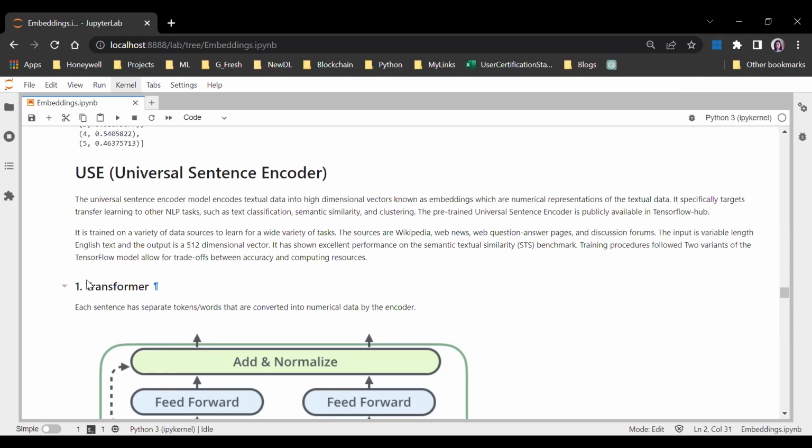If we use the transformer, it is similar to the encoder module of the transformer architecture, and it uses the self-attention mechanism. And if we go with the deep averaging network, then it computes the unigram or bigram embeddings first and then averages them to get a single embedding. Then this is passed to a deep neural network to get a final sentence embedding of dimension 512. The primary advantage of this network is that the training time is less and almost linear in terms of the length of the input sentence.